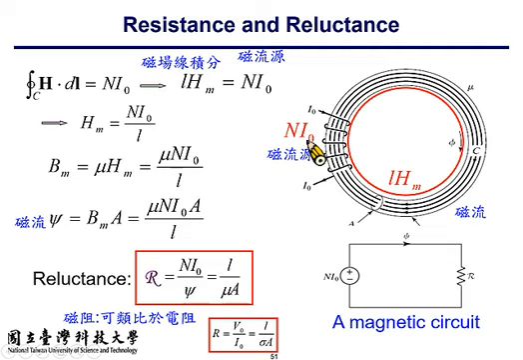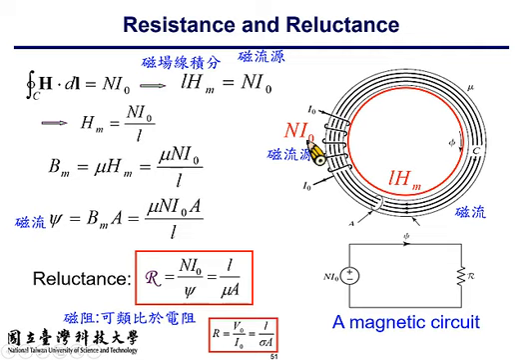Why? Because the magnetic flux produced from one single turn is not that large, and it's not safe to apply a large current.